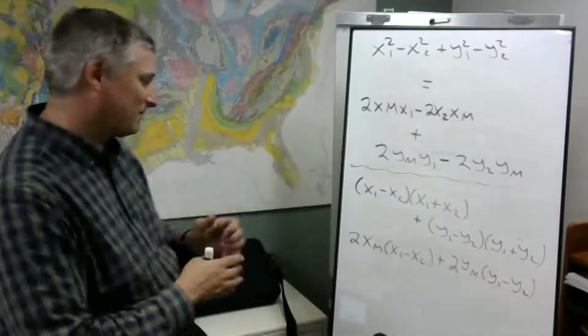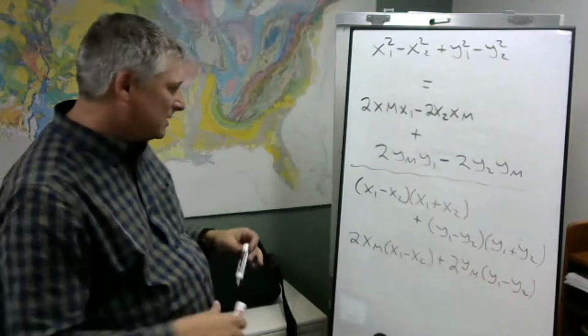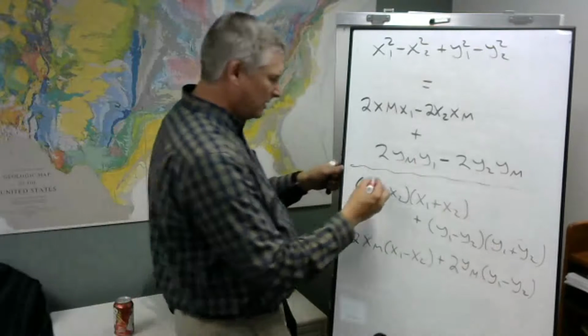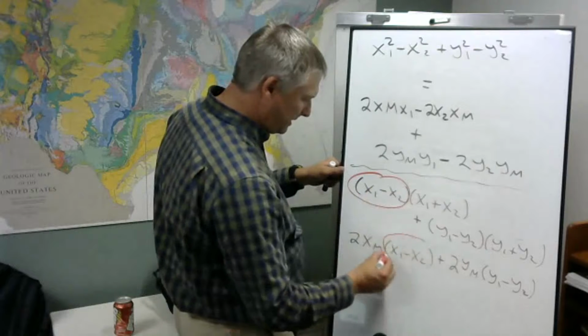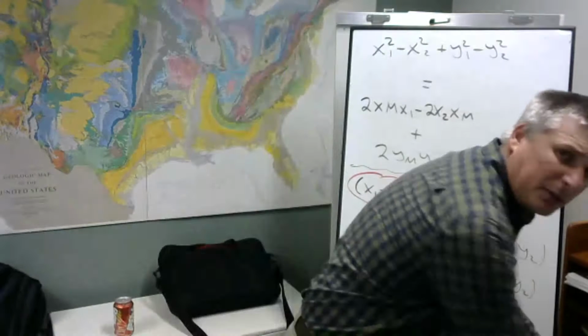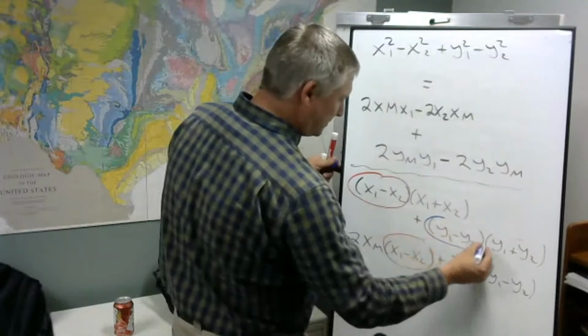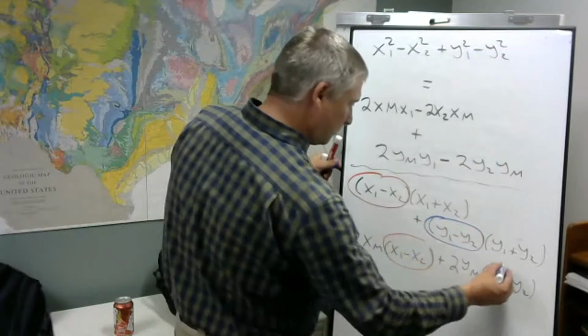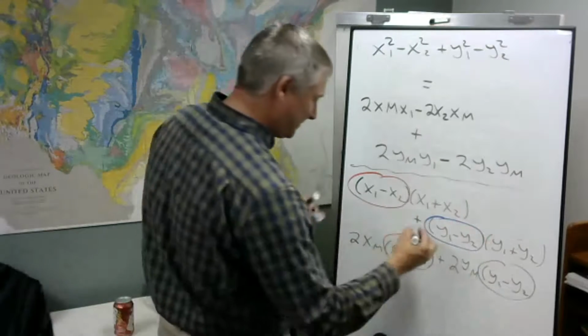And there we go. Now, we want to make these equal. So taking a look at the x's, we have an x1 minus x2, here's an x1 minus x2. And then looking at the y's, y1 minus y2, y1 minus y2, and I forgot there's an equal sign in between here.